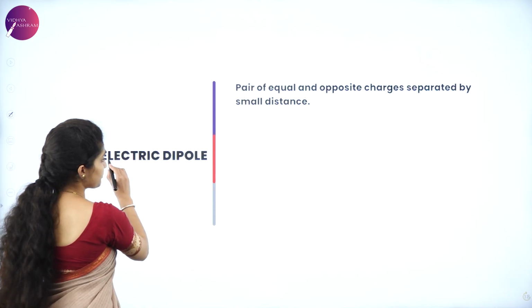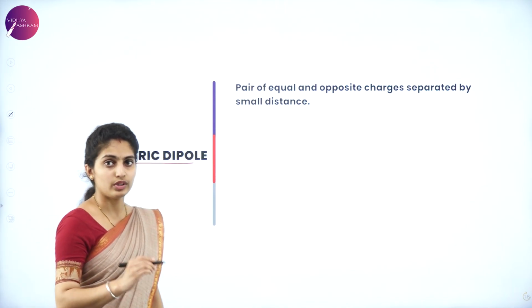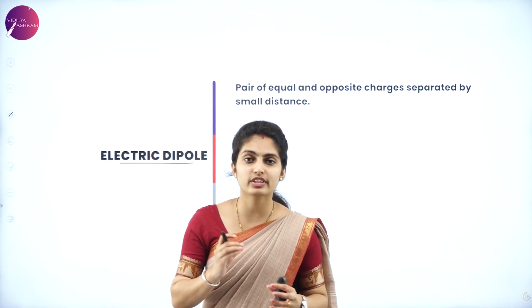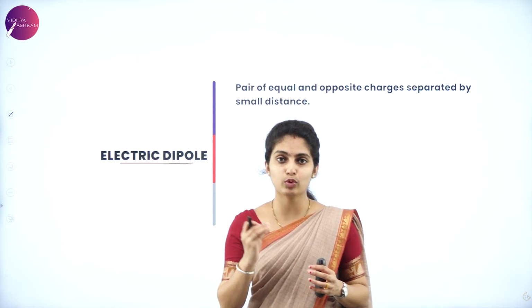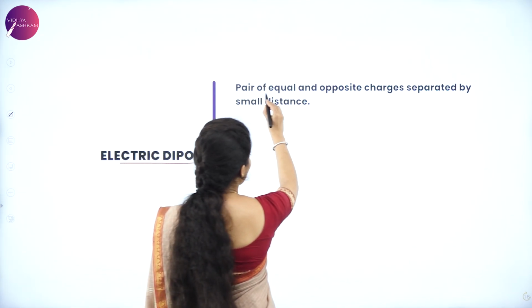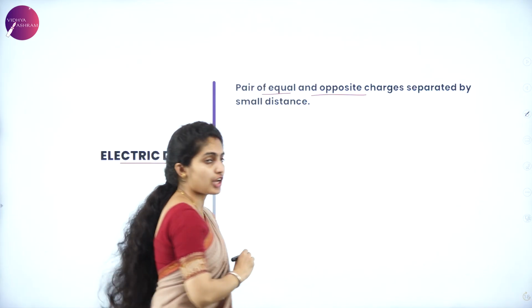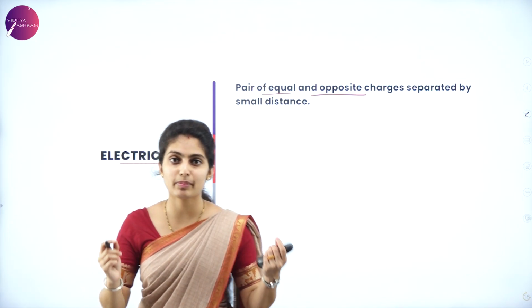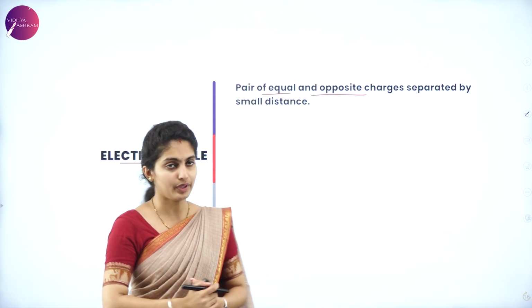Next, coming on to electric dipole. I've already discussed what is meant by a dipole. Dipole means two poles. Here a pair of equal and opposite charges separated by a certain distance is said to be a dipole.